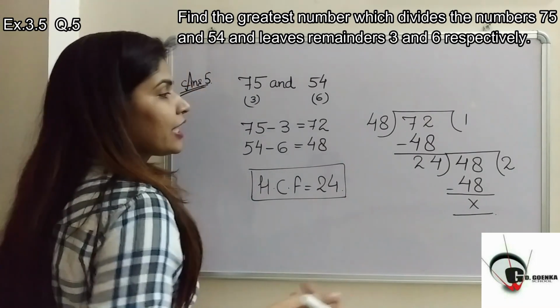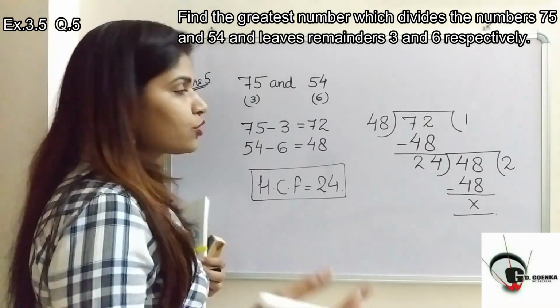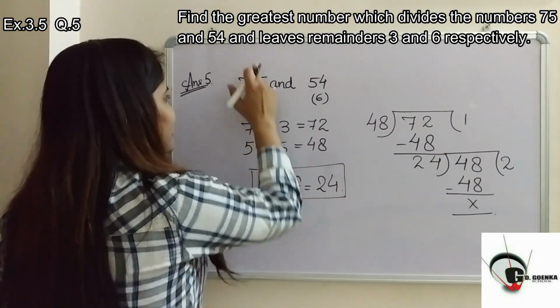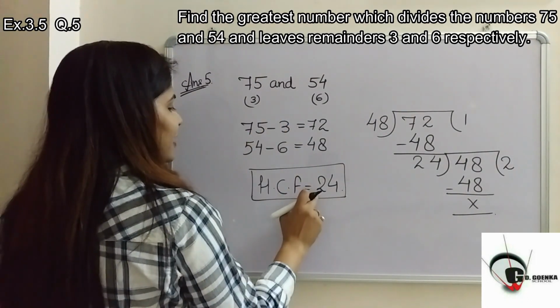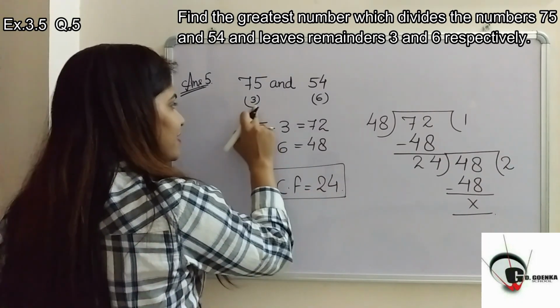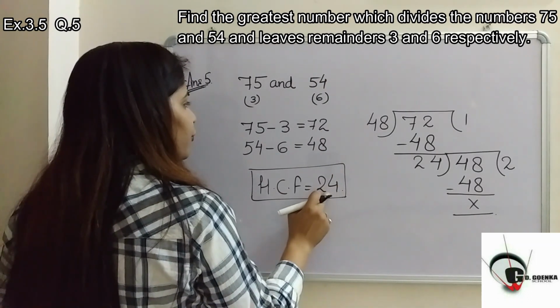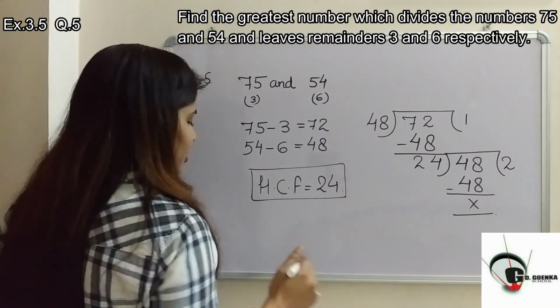If we want to check whether we are doing it correctly or not, they said that if we divide 75 by the HCF, that is 24, we will get the remainder 3, and if we divide 54 by 24, we will get the remainder 6. Let us check quickly.